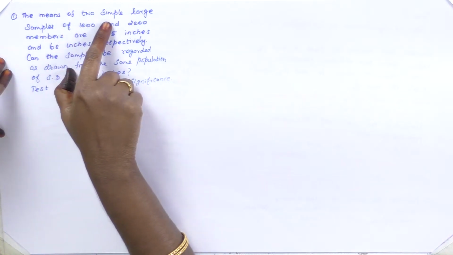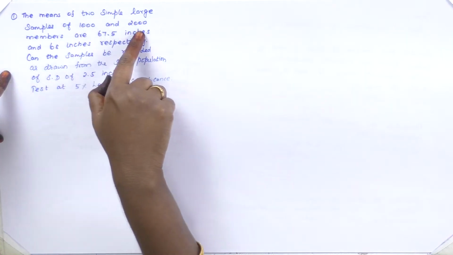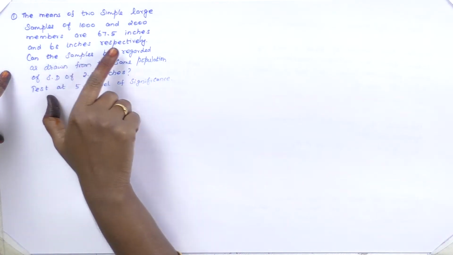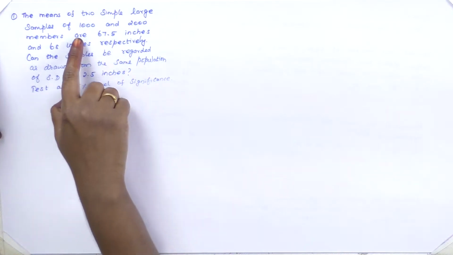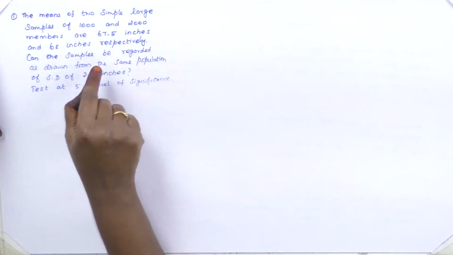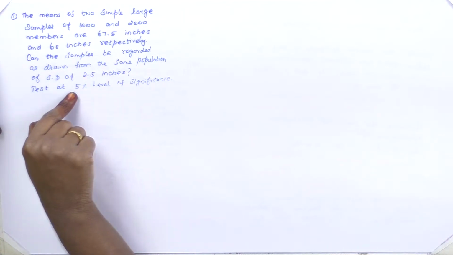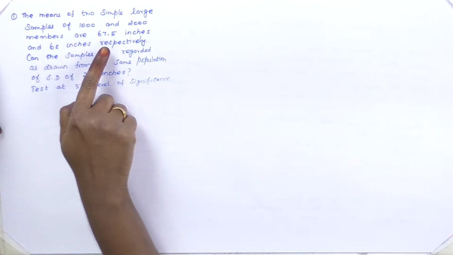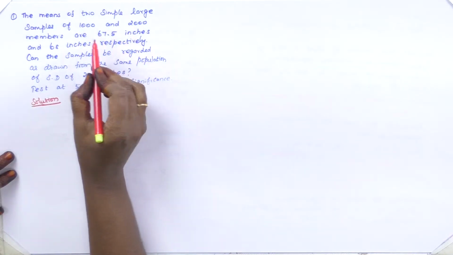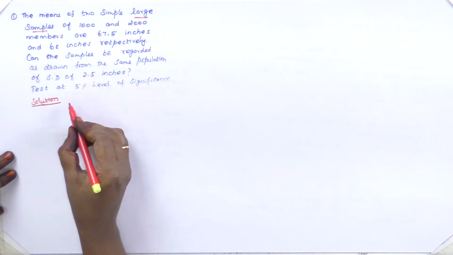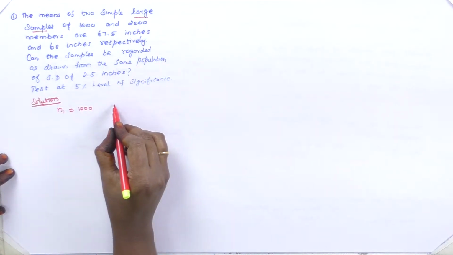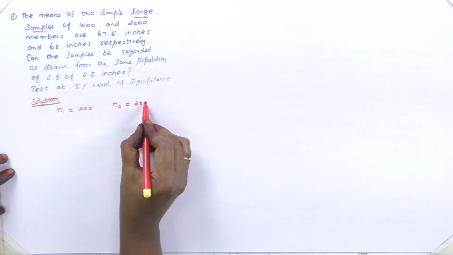The means of two simple large samples of 1000 and 2000 members are 67.5 inches and 68 inches respectively. Here n is greater than or equal to 30, therefore this problem comes under the large sample. The sample size of the first is n1, that is 1000, and the sample size of the second is n2, that is 2000.